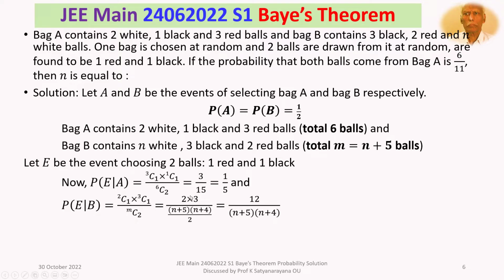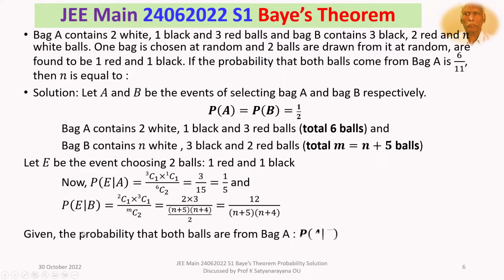That will be equal to 2 into 3 by MC2, meaning n plus 5C2, that is n plus 5 into n plus 4 by 2, and that will become 12 by n plus 5 into n plus 4. We are given the probability that both the balls are from bag A, that is, the probability of A given E is 6 by 11.